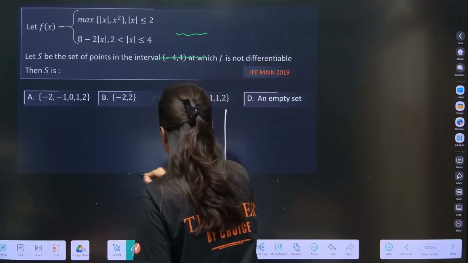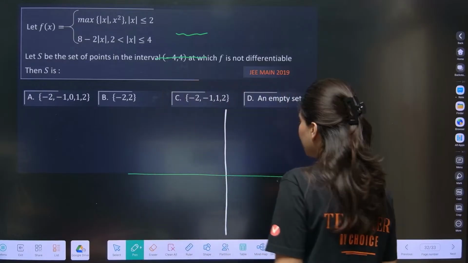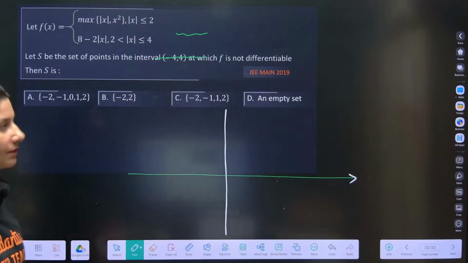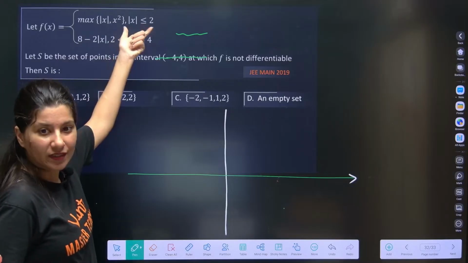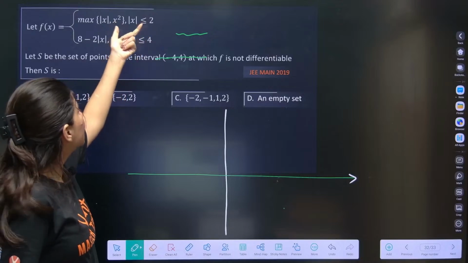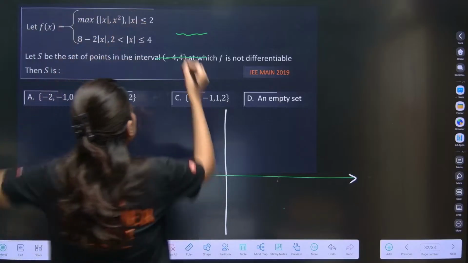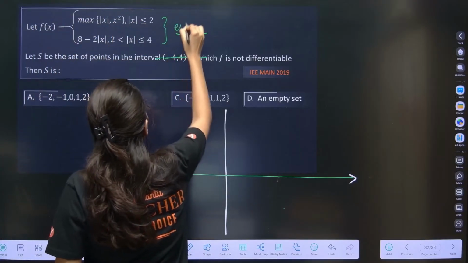Let's draw this graph nicely. So what will happen first of all? Mod x less than or equal to 2. Can you see that first of all, this graph is an even function? How many of you have noticed?